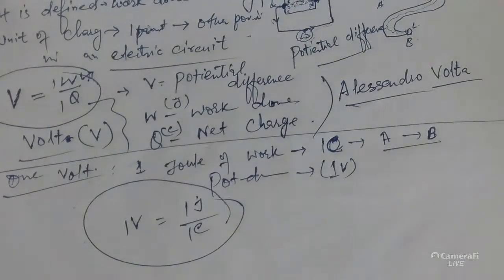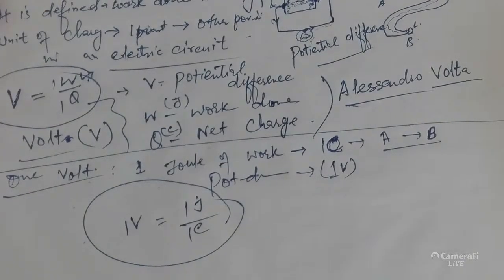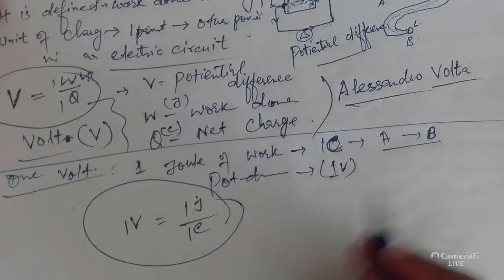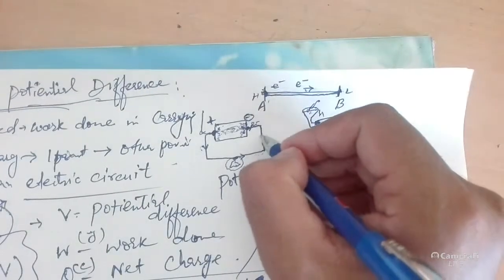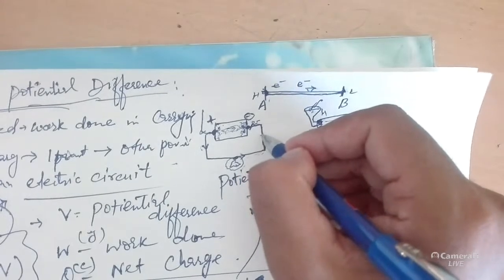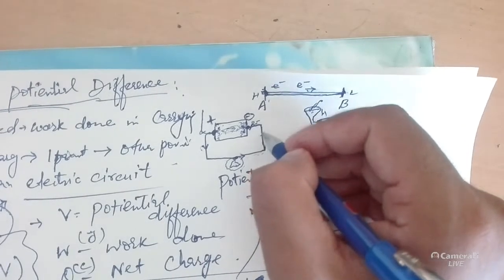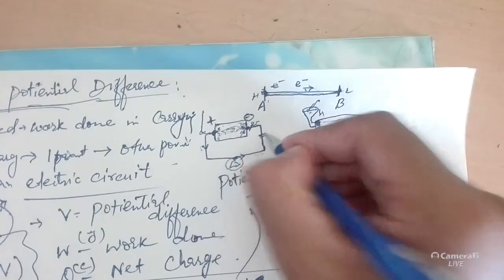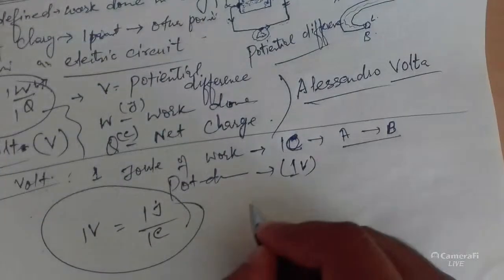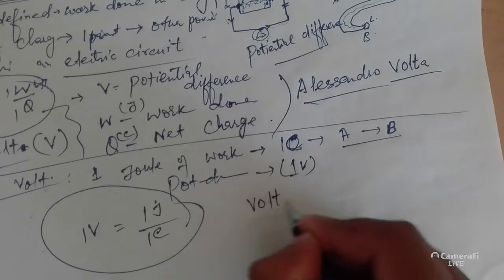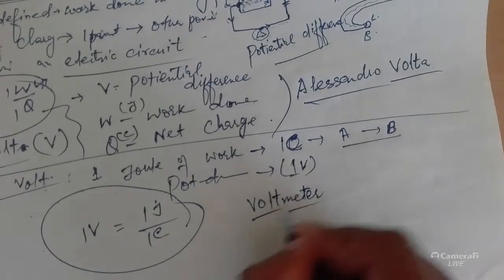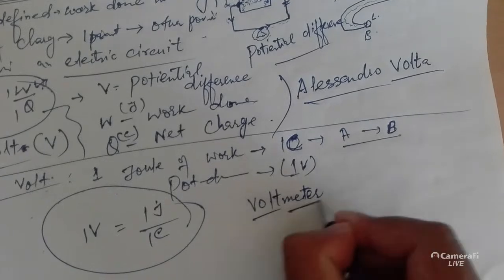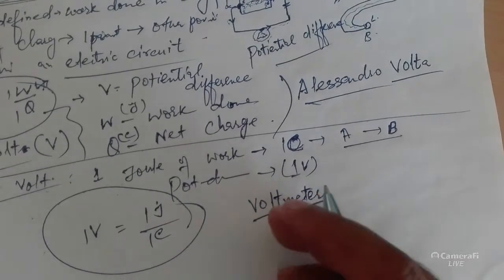Now in a circuit, if we want to measure the potential difference, we use an instrument called a voltmeter. Meter means the measuring machine, and volt means volt only.